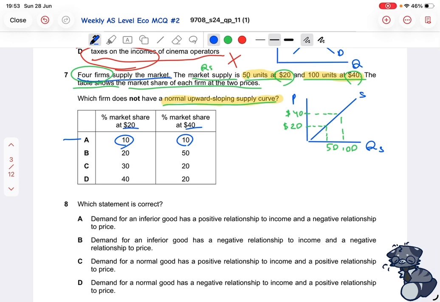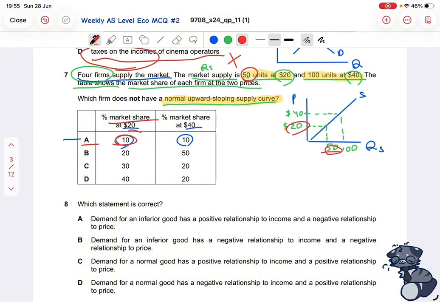Okay, but wait, what is the market share exactly? It is the proportion of a market that a business controls in order to satisfy customer needs. In simpler terms, it basically means how much it produces or supplies to contribute to the total supply. So look at it like this. At $20, the total units supplied is 50 units, and firm A contributes 10% to this 50 units.